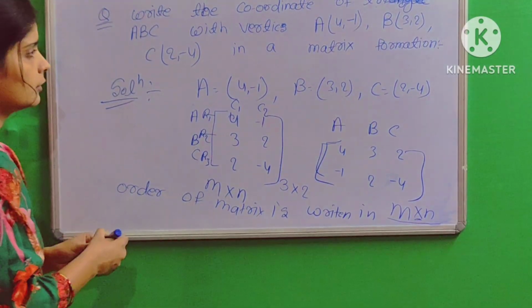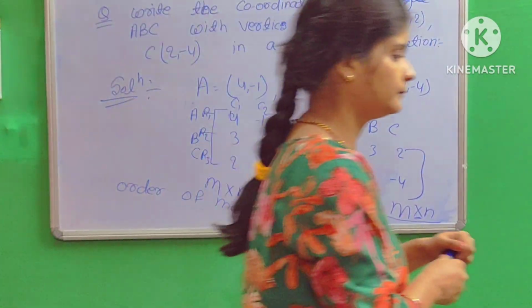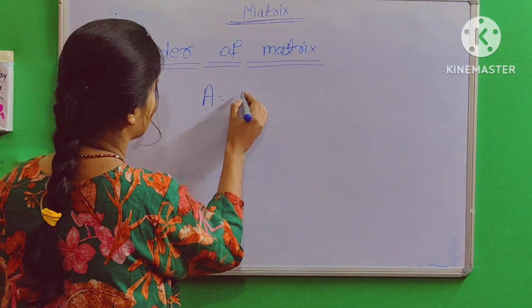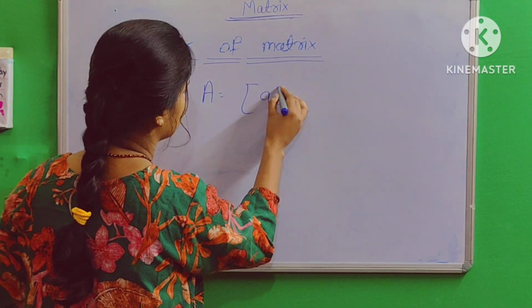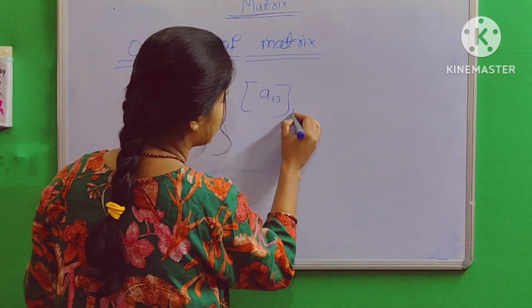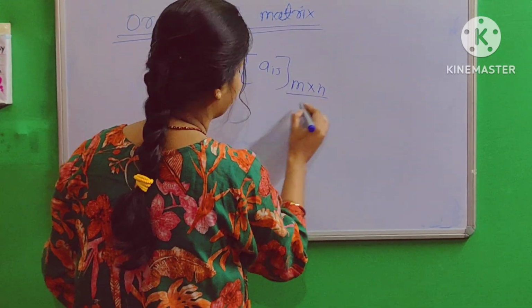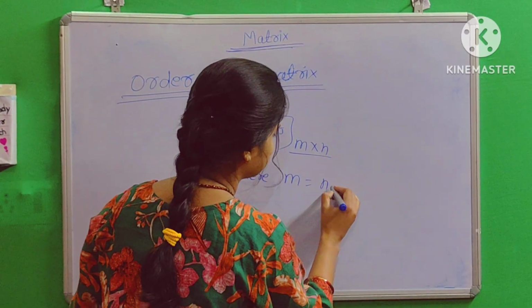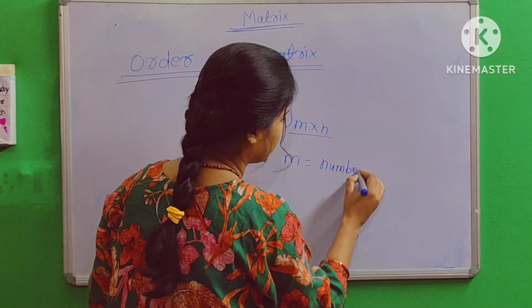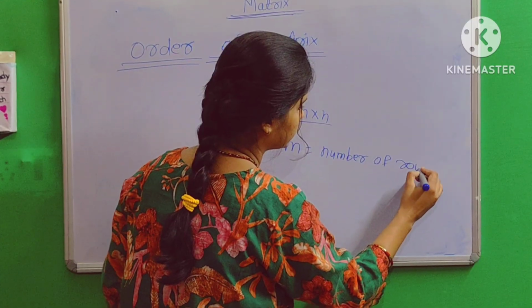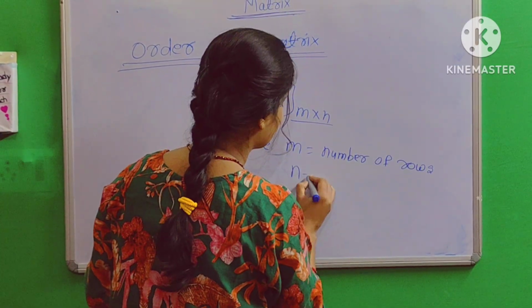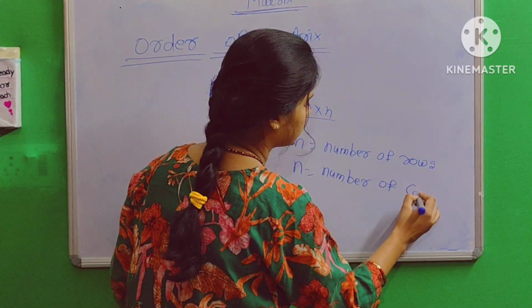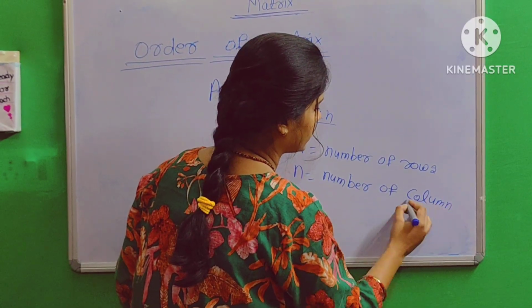Where, wait 1 minute, I am clearing the word. Here the matrix is Aij. Its order is m cross n, where m is equal to the number of rows and n is equal to the number of columns.